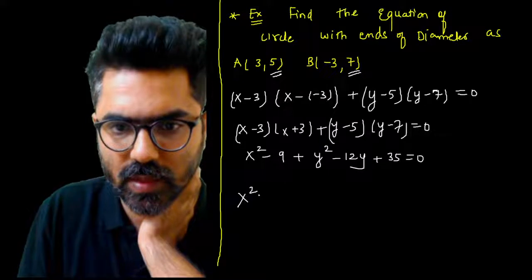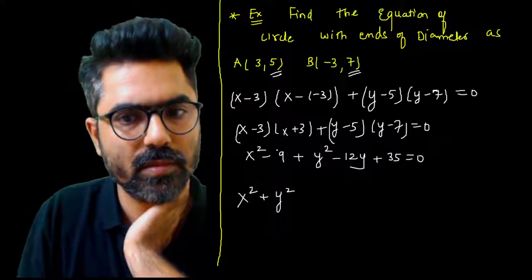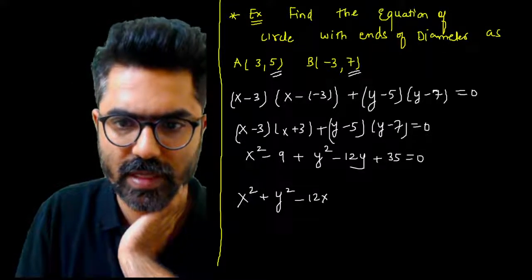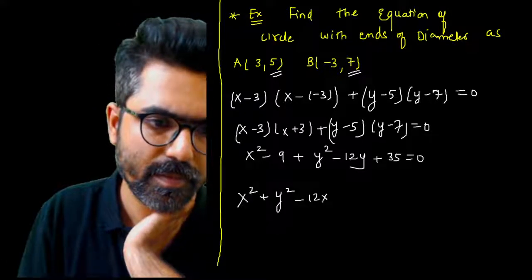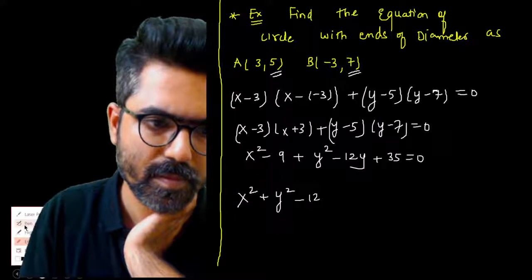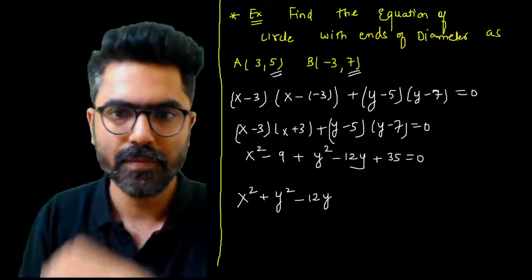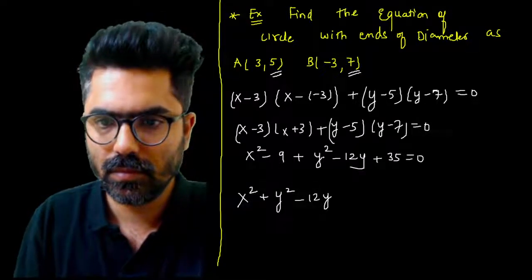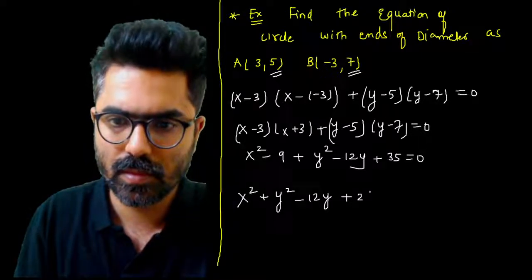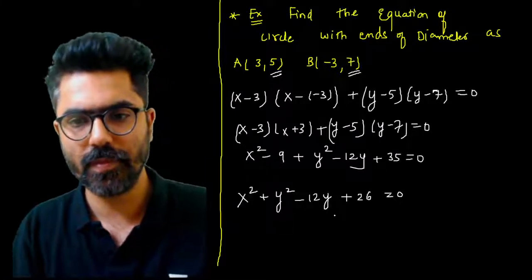Final equation is x square plus y square minus 12y plus 35 minus 9, which is 26.